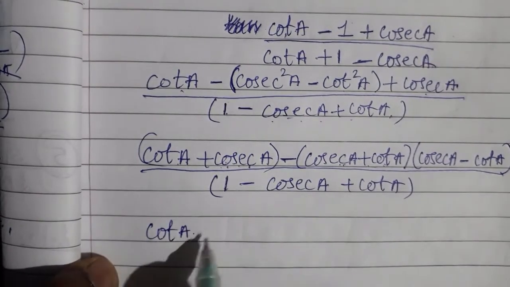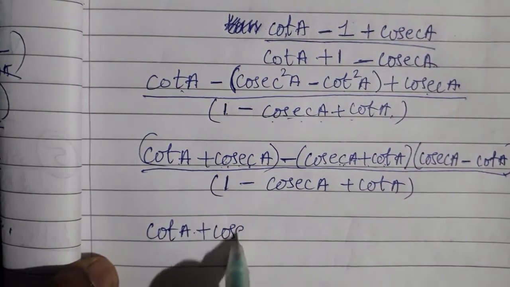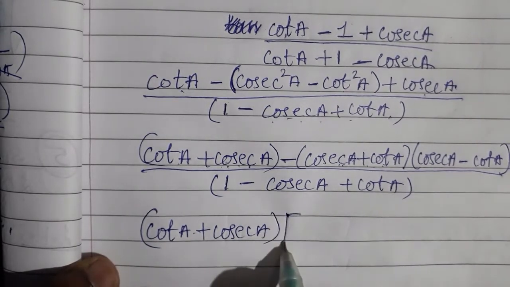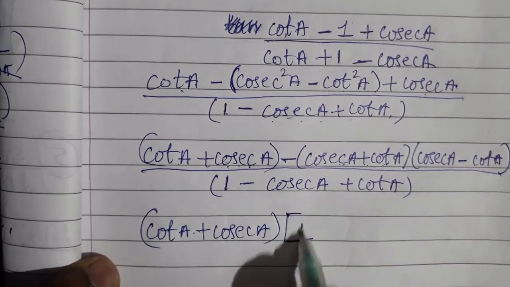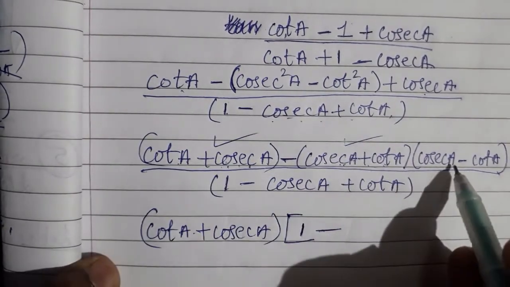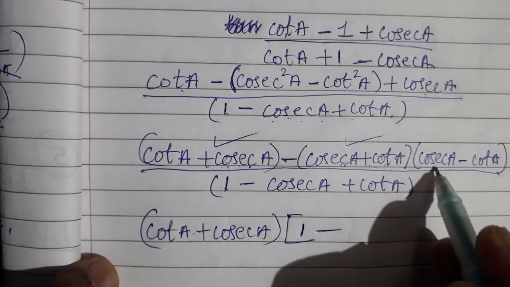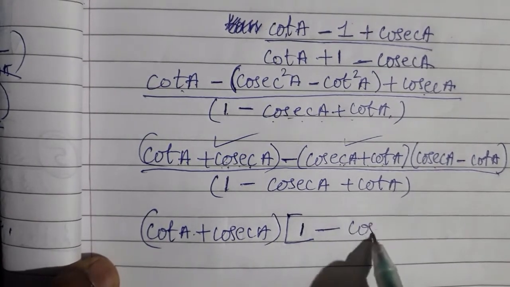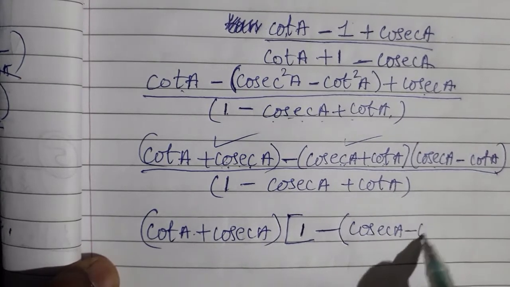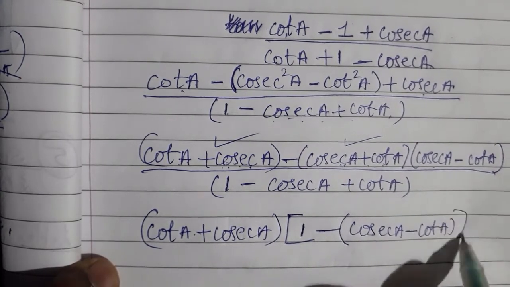So this is common. Cot A plus cosec A is common. Then what will I get? In place of this I will get minus 1 minus. This is already common. So what is remaining here? Cosec A minus cot A, close the bracket.